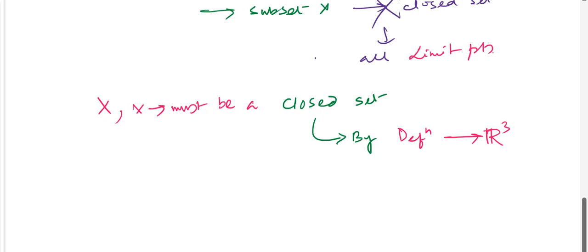So option B is true: sequential completeness implies a closed set. Now we can check other options also.